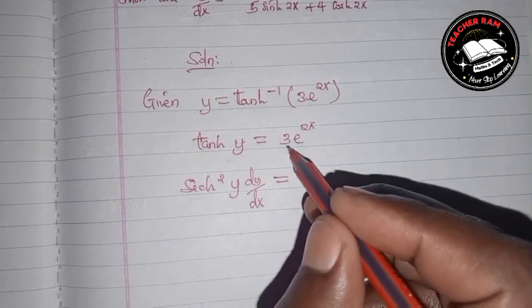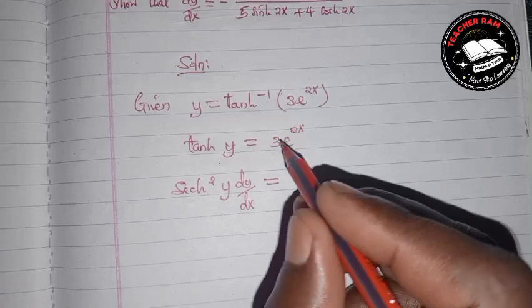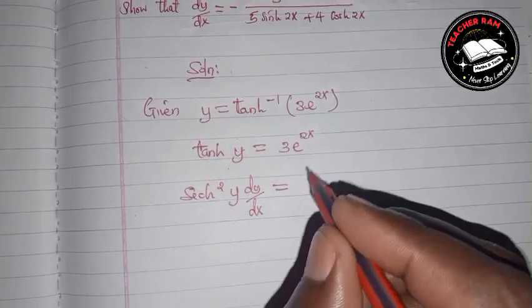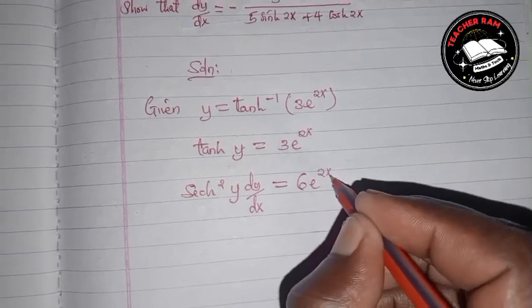Remember we have 3, so 3 multiplied by 2 multiplied by e power 2x will be equal to 6e power 2x.